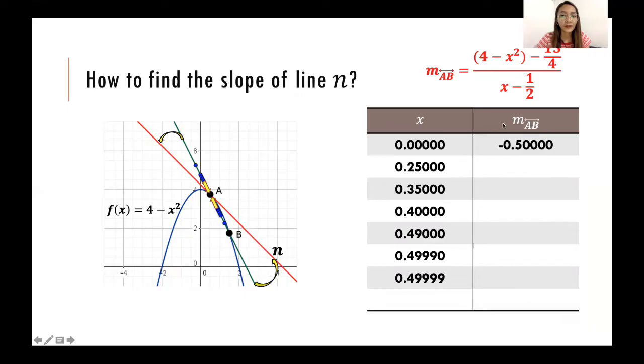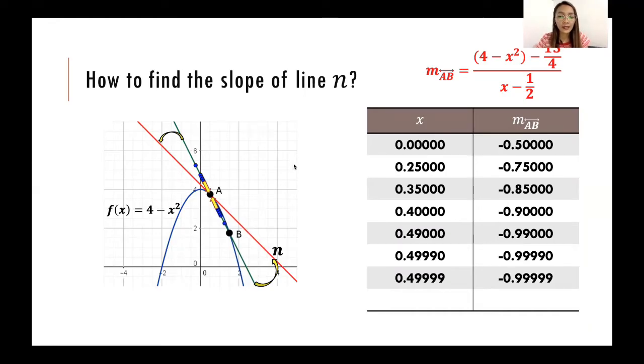Next, 0.75, negative 0.75, negative 0.85, negative 0.9, negative 0.99, negative 0.9999, and negative 0.99999. So in this case, you already have an idea of what number they are approaching. These values of x are located here.